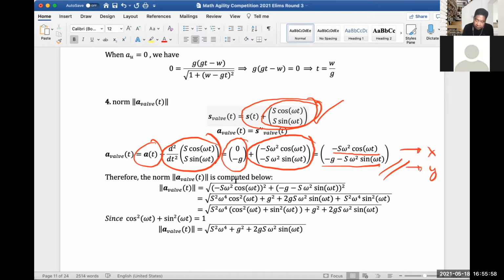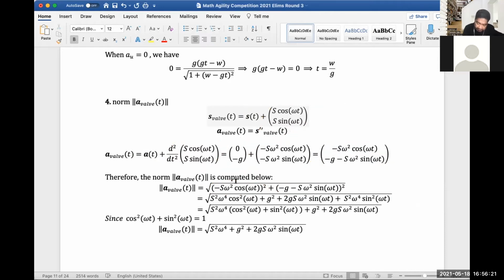To get the magnitude of a of t, just get the square root of x squared plus y squared. Since this is your x here, we get the square of that, and y is the second expression here. If you expand it, you'll get the second line here.